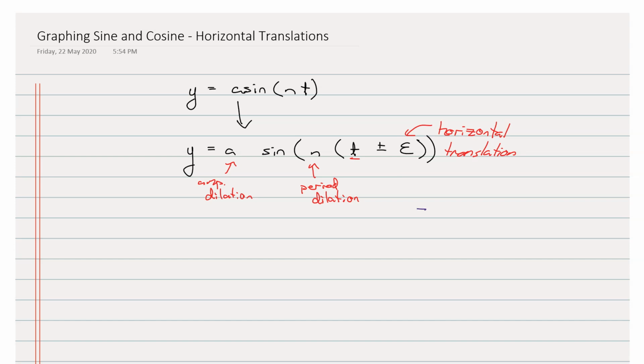For positive epsilon, we shift everything to the left, and for negative epsilon, we do the opposite. We shift to the right. Perfect.